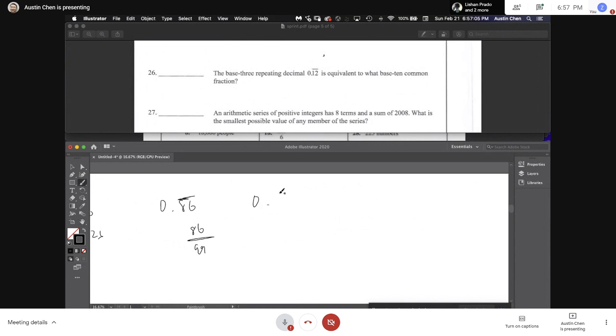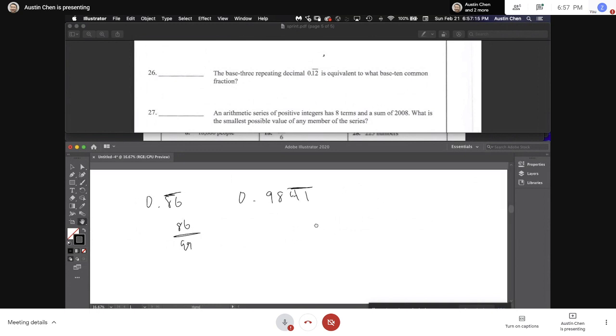Well, I'll say it again, I guess. So if we have something like 0.9841, but only the 41 is repeating, what we're gonna do with this is we're gonna put this whole thing in the numerator, but we're gonna subtract the non-repeating part. The non-repeating part is 98.